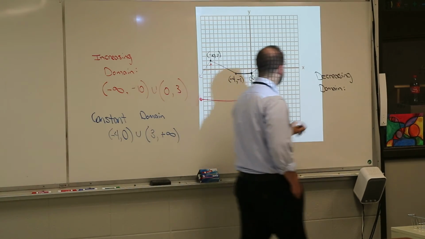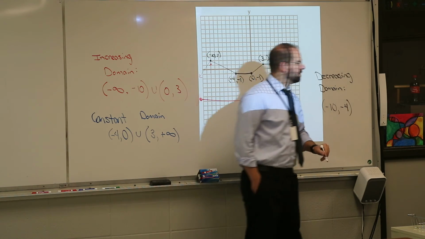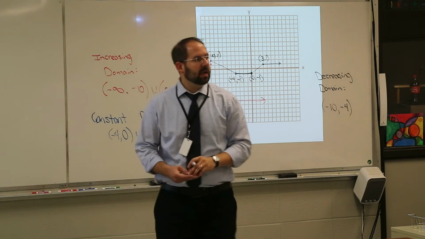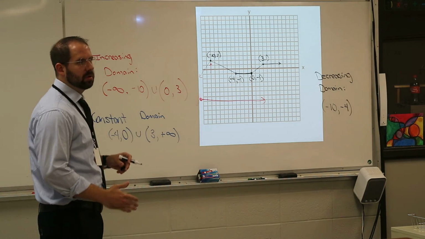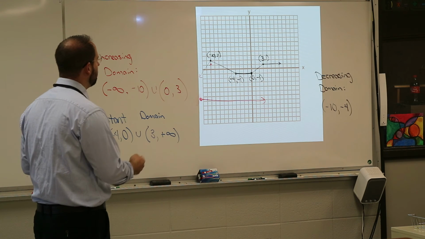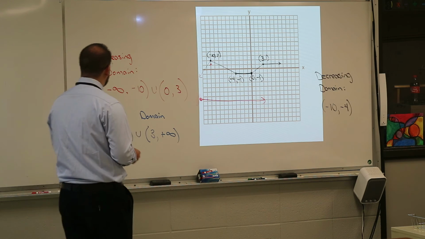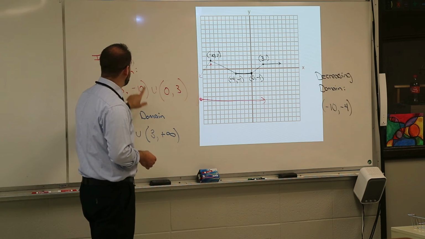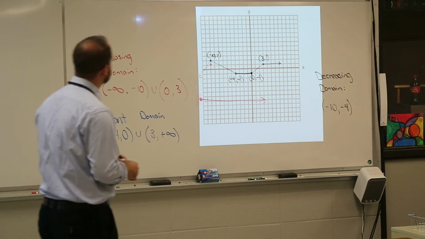Yeah, -10 to -4, and we're not sharing it. So we're going to have the parentheses. If there was an ending spot where it just stopped, where there's no arrows and it stopped, you could put a bracket. But we don't have that. We're sharing these numbers between all the different sets. Like -10 was definitely shared over here with the increasing, so you can't include it. It can't be in either one. It's just shared. It's in between. It's that turning point.